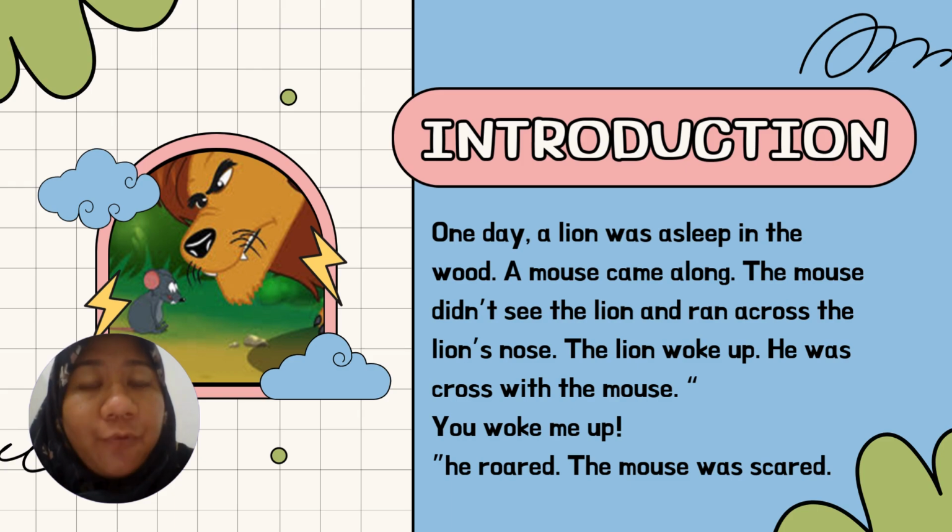One day, roared the lion loudly. was So, asleep in you the woke wood. me up, A he mouse said. came along. This The moment mouse set did not the stage see the for the lion conflict in the and ran story. across the The lion's lion nose. reaction shows The his power lion woke but up. also He was vulnerability cross with the to being mouse. disturbed. You And it woke also me up, highlighted he how roared. our The actions mouse can was scared.